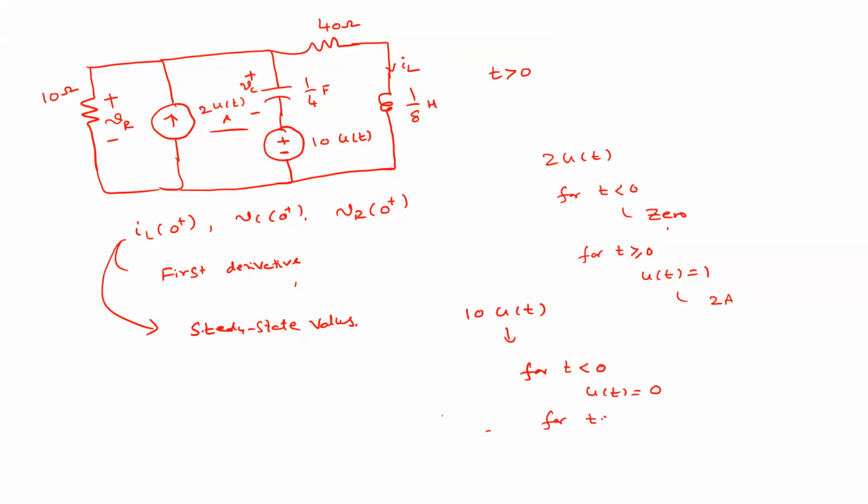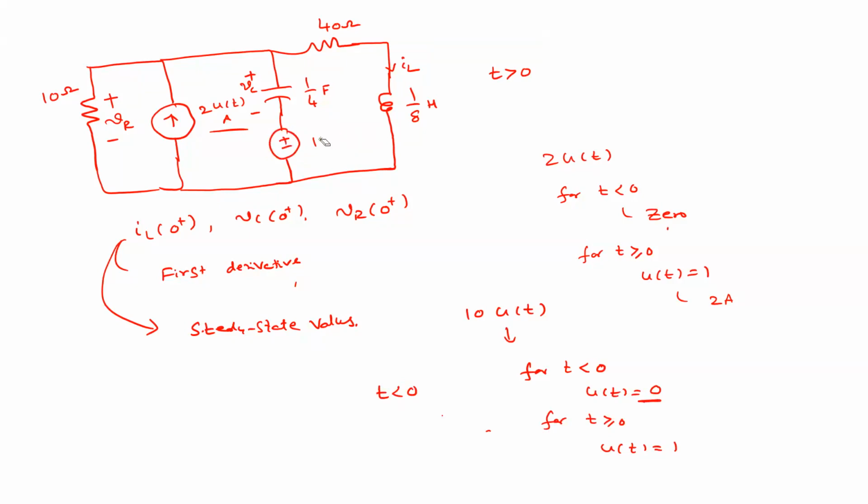For t greater than 0, E of t equals 1. So for t less than 0, this source is short circuited, right? Zero voltage means short circuit. So we need to treat this as a short circuit in this particular case. Understood?